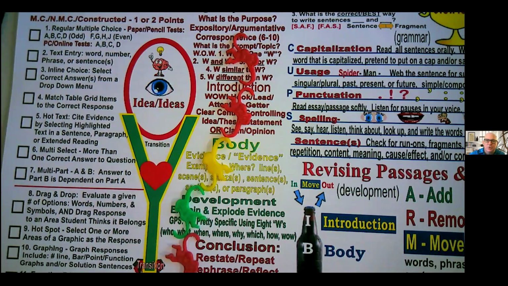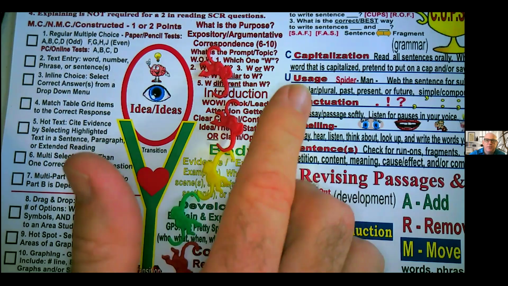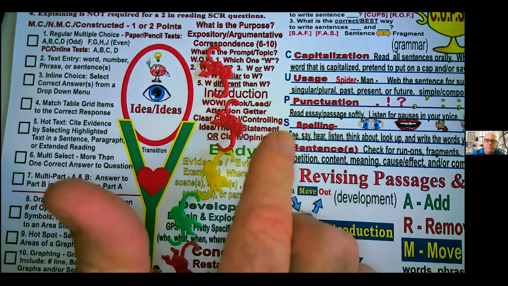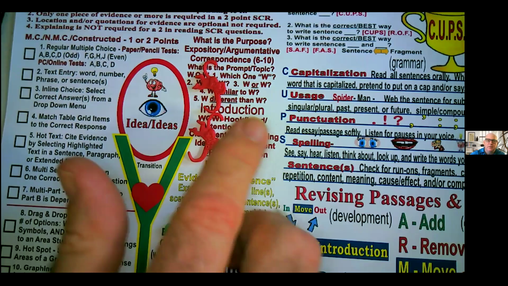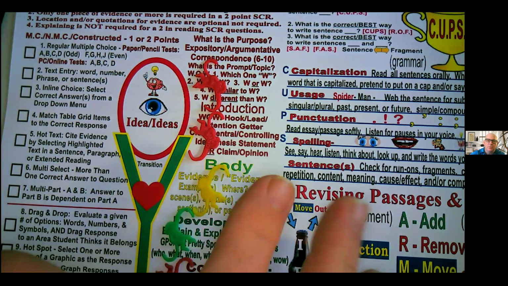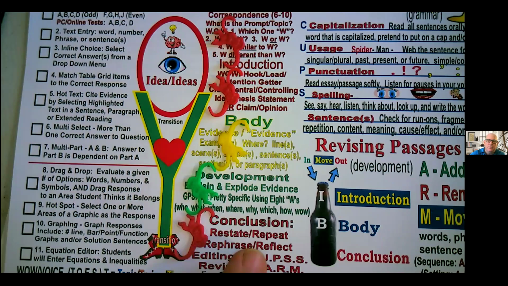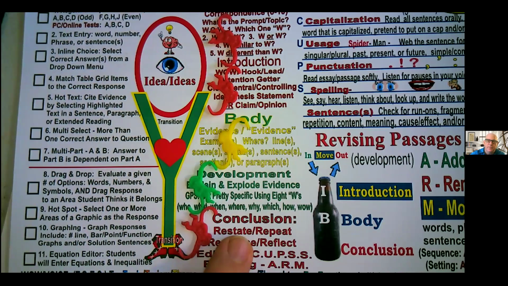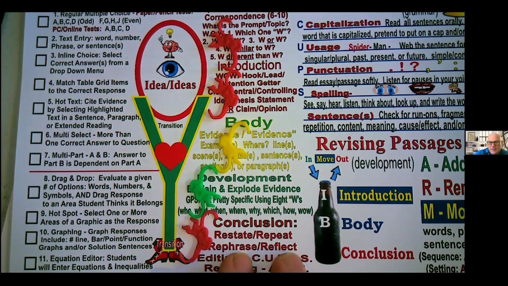So passage, purpose, prompt, topic, the wows, which type of prompt, what's the hook, hat, attention getter, the idea, the topic, the idea, the evidence, with or without quotes, its location, explaining it, and ending it either by restating, with some repeating of things you've written, rephrasing, saying it in a slightly different way, or reflecting, going to a higher level to make your end conclusion effective with a reflection.